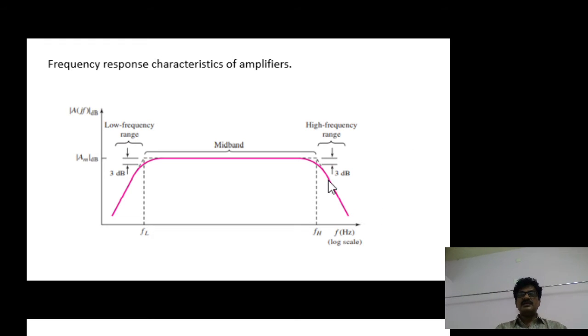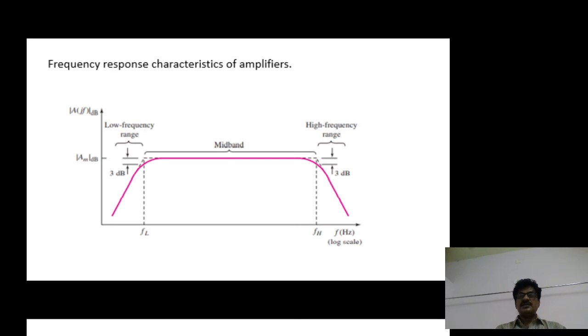Similarly, at higher frequency range also the gain is reduced, but this is due to stray capacitances and interelectrode capacitances of the transistor. The stray capacitance is the capacitance formed by parallel wires in the circuit, and these capacitances act as a short circuit at higher frequencies.